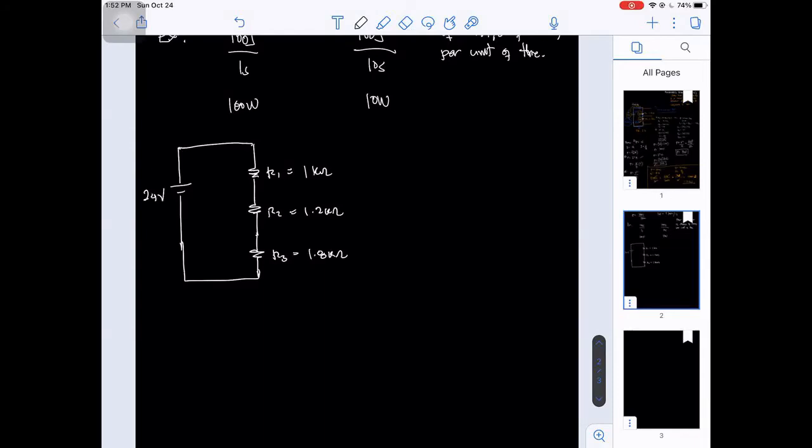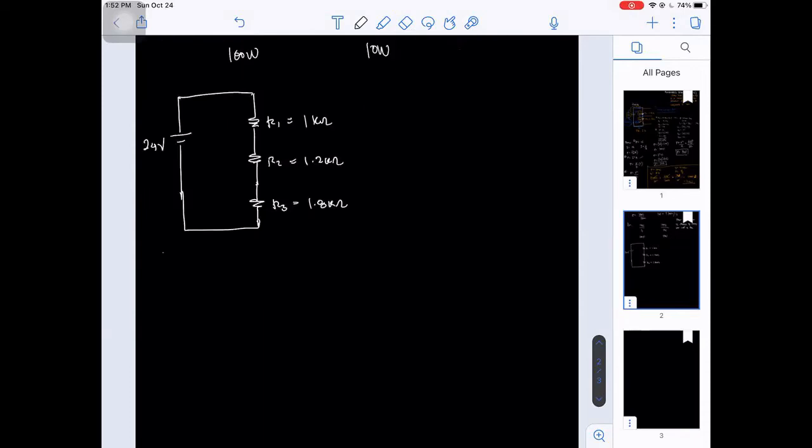Our first step is to find the total resistance. Total resistance can be computed by this formula, R1 plus R2 plus R3. So our total is equivalent to 1 kilo ohm plus 1.2 kilo ohms plus 1.8 kilo ohms, so our total resistance is equivalent to 4 kilo ohms.